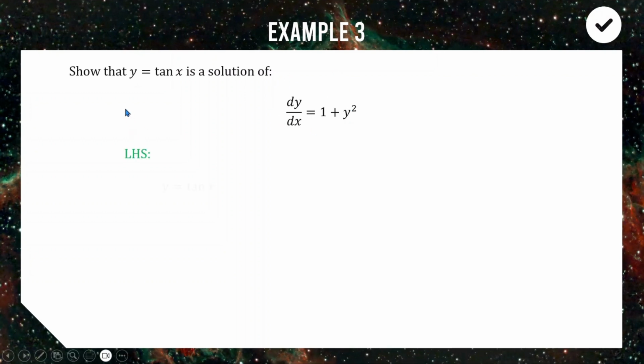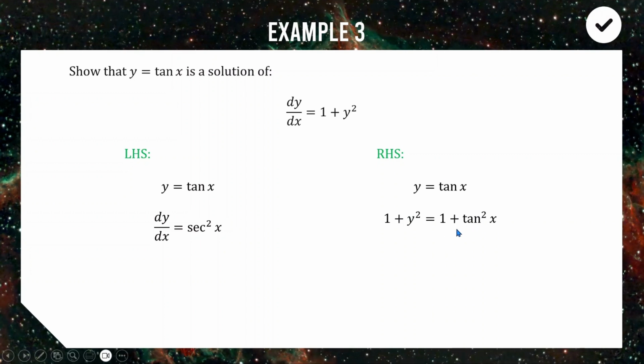On the left-hand side, if y is equal to tan of x, we're going to do dy on dx, which is the derivative with respect to x, and tan differentiates to sec squared. So the left-hand side is equal to sec squared. Let's see what the right-hand side does. On the right-hand side, if y is equal to tan x, of course, our solution, if we do 1 plus y squared, we'll be doing 1 plus tan squared.